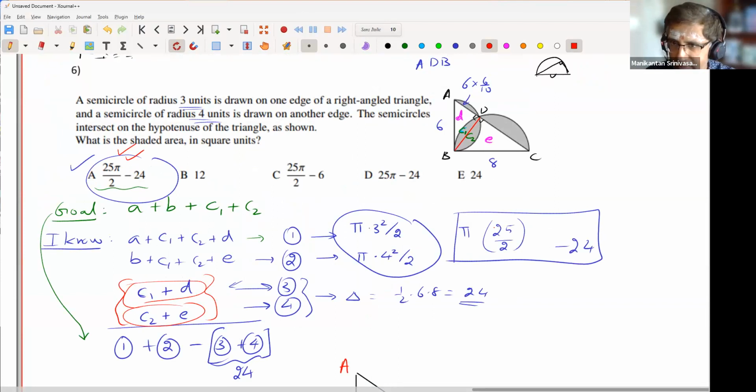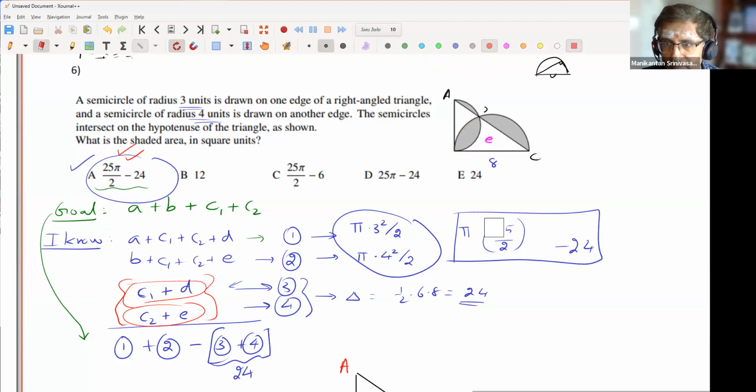But there could be cases where the shadings are a little weird, where you actually have to. For example, suppose in this question itself, I want to find just C1. Just C1 alone. How would you do it?